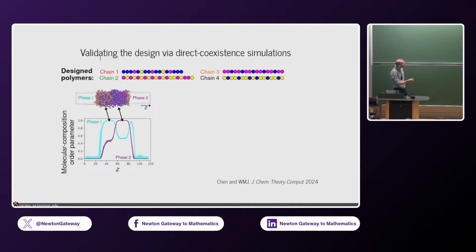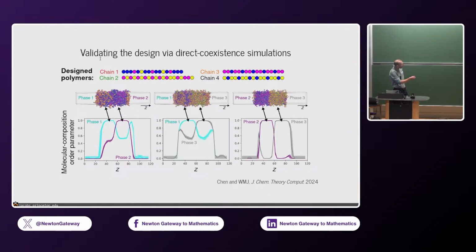But indeed, this does work if you define an order parameter that simply tells us how close the composition that I observe at some point in my simulation box is to the requested composition in my design problem. Then we can see that these phases indeed match the targets because the order parameter is 1, aside from some interesting interfacial effects. In this case, we need to look at 3 simulations to look at these combinations.